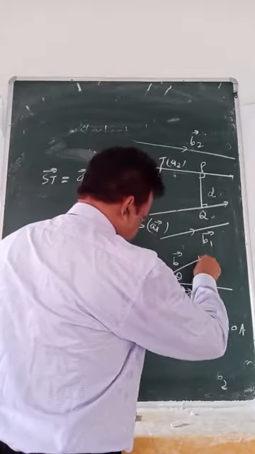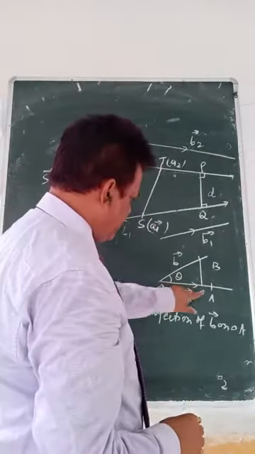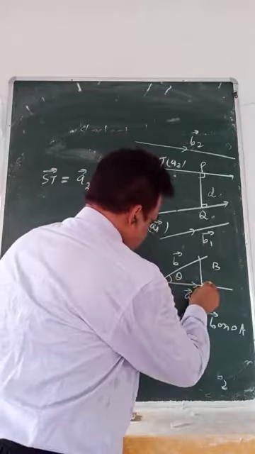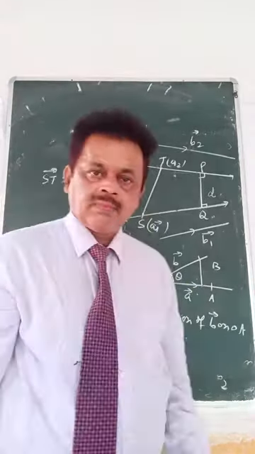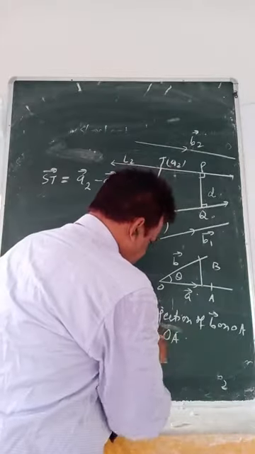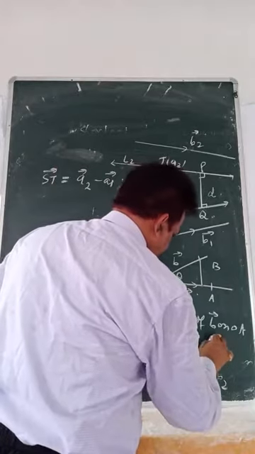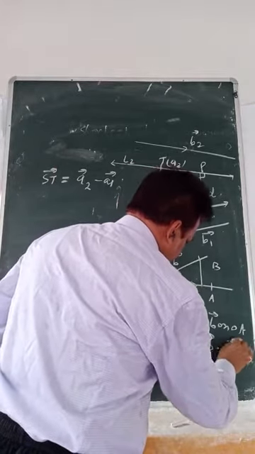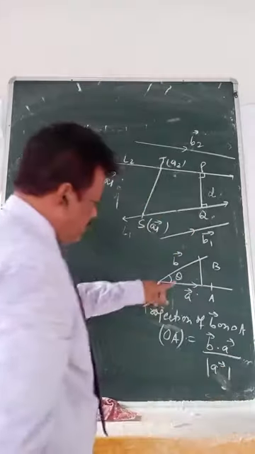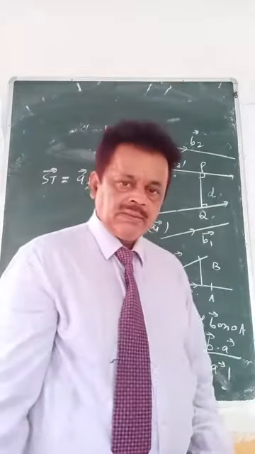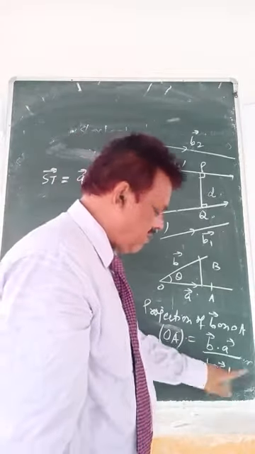I have dropped a perpendicular here because this point is already joined here. Only magnitude, scalar I have taken, OA, that is how much? I have done there, B dot A by modulus of A. This we have discussed. Projection of B on A is B dot A by mod of A.